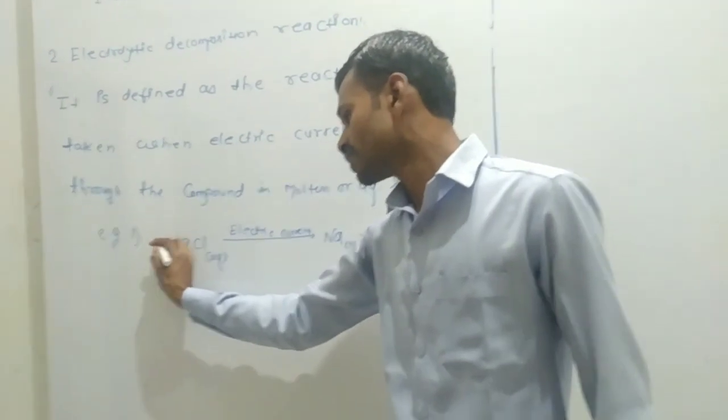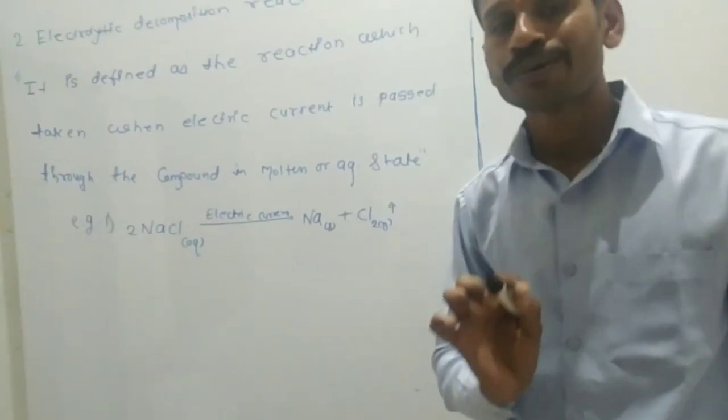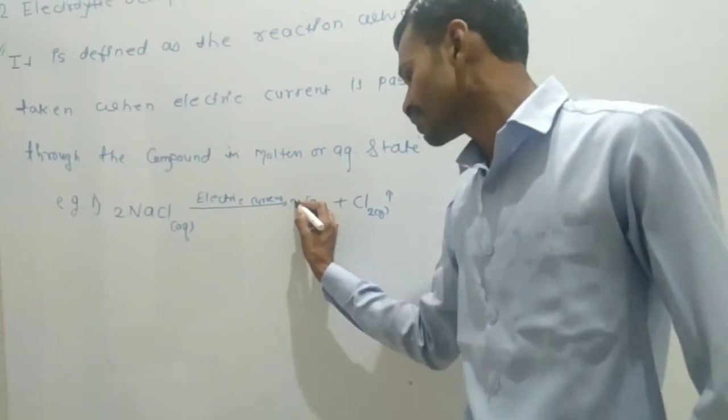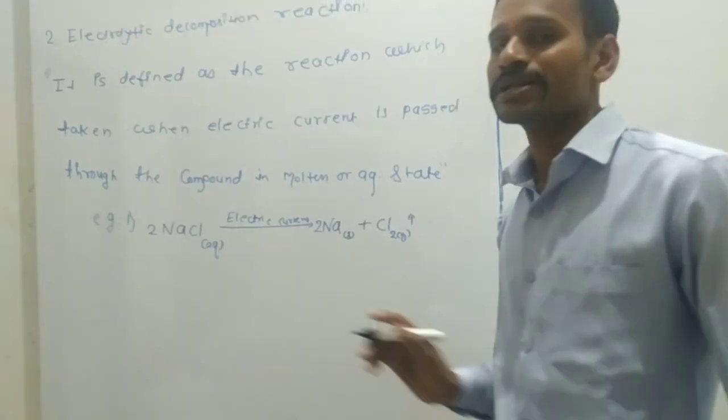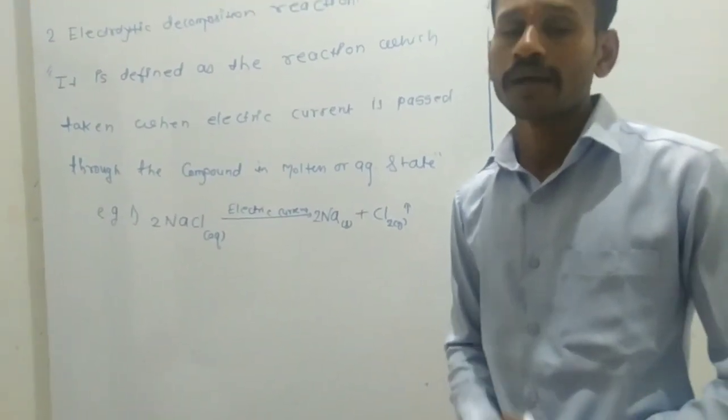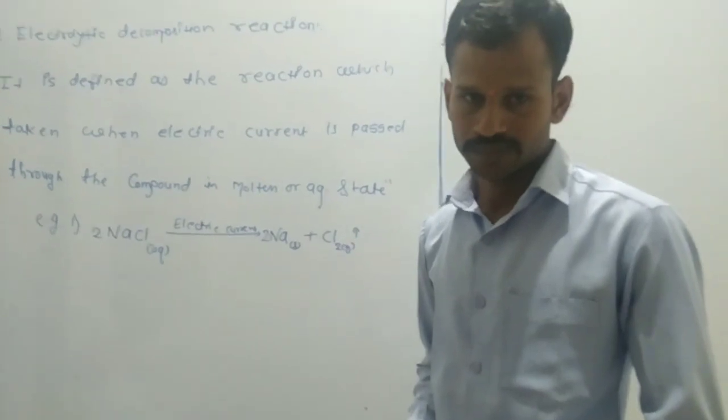To balance the chemical reaction, we take 2 NaCl, giving 2 Na solid and Cl2 gas. This is the first example.